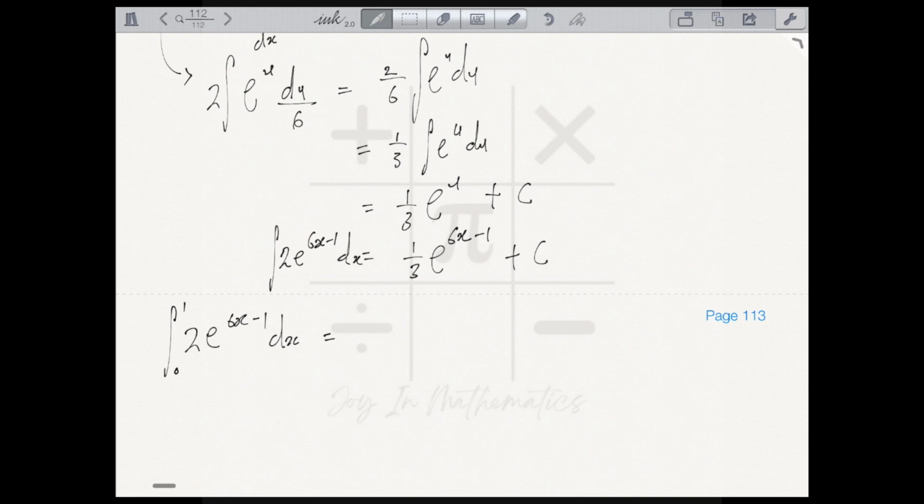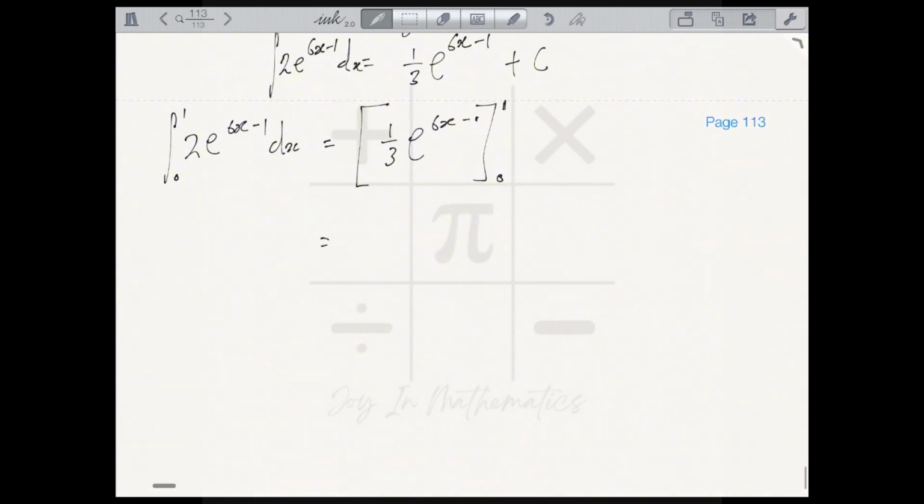Therefore, when we now include the upper and lower limits, we will have 1 over 3 exponential 6x minus 1, upper limit 1 and lower limit 0. 1 over 3 is a constant, so it can be brought outside, so that's 1 over 3 exponential 6x minus 1 from 0 to 1.